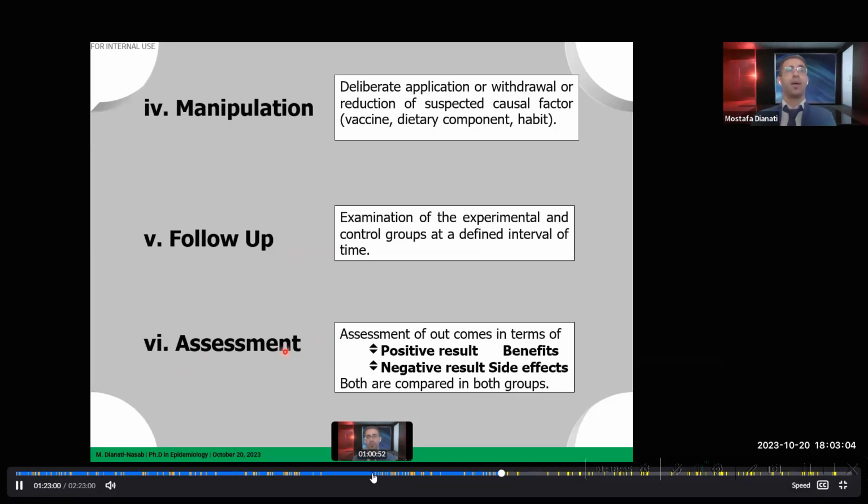And for sure, we will have the assessment, and we see if our intervention has positive results, if it's beneficial, or negative results, and if it has maybe some side effects.